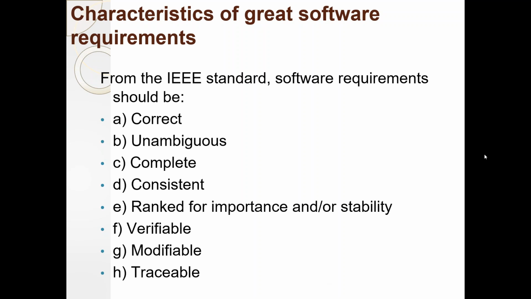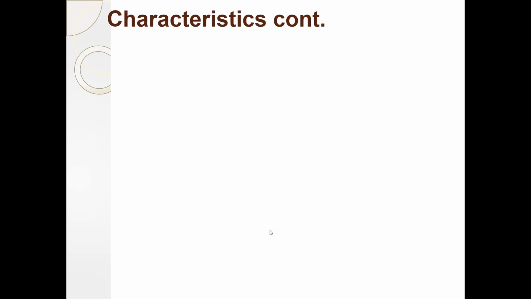So when you're developing software and you have a certain set of requirements, the requirements must be all of that: correct, unambiguous, complete, consistent, ranked for importance or stability, verifiable, modifiable, and traceable. All right, and we're going to go through all of those.